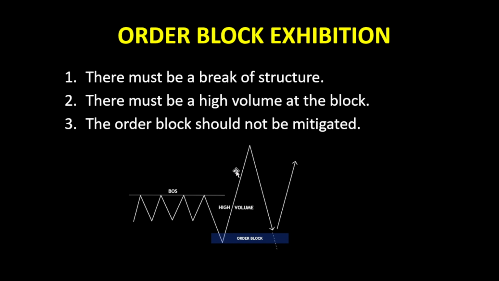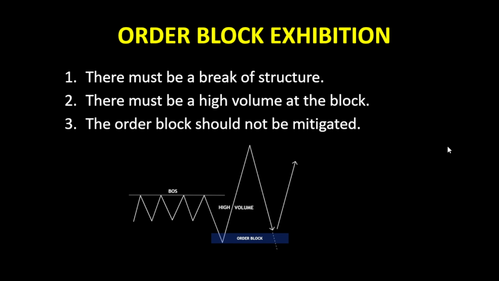This is an impulse move to the upside, showing there is an order block. Correct? Because a large quantity of orders are placed here, and they are not letting the price get further down. So they rejected the price and moved to the upside.